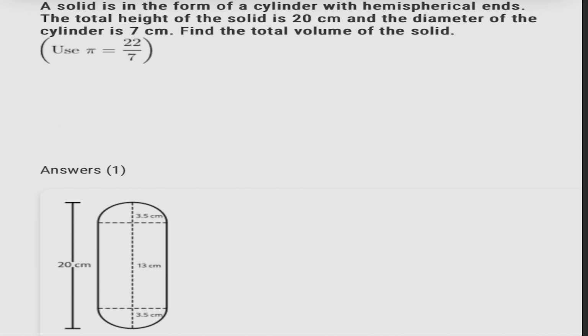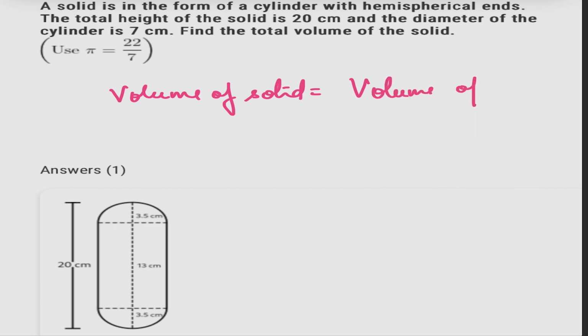In the next video, I will be showing you the detailed solution of the problem. Since we are focusing only on the common errors done by the students, I'll just focus on what are the errors you have to avoid. So, volume of the solid is equal to volume of cylinder plus volume of two hemispheres.